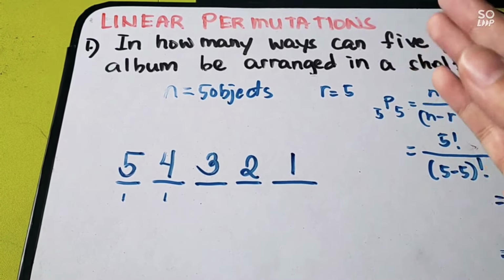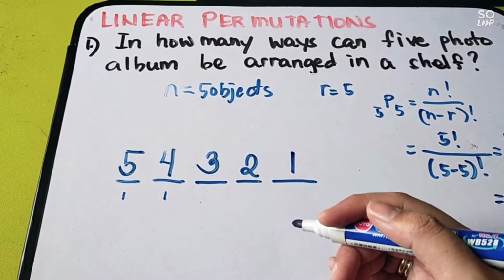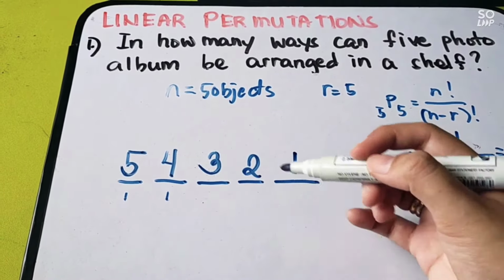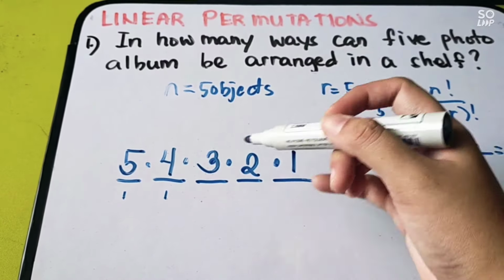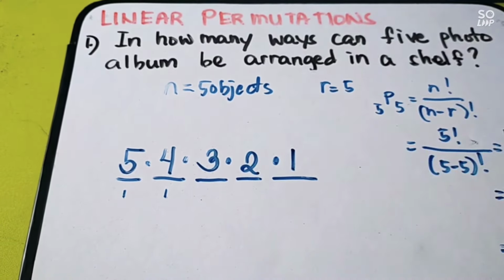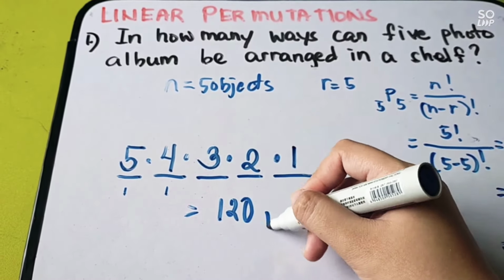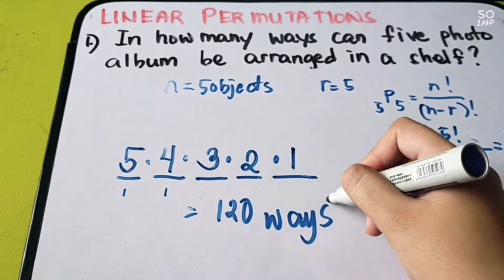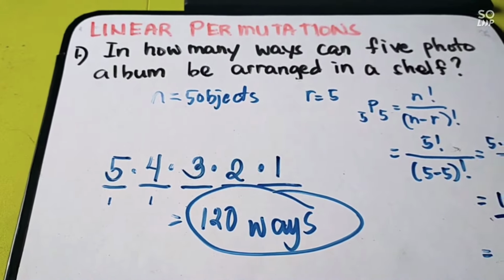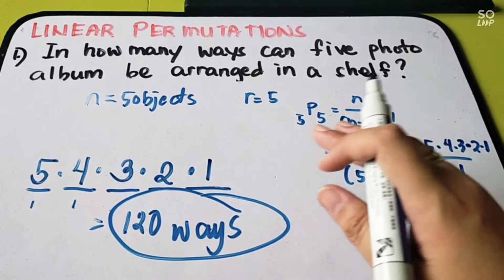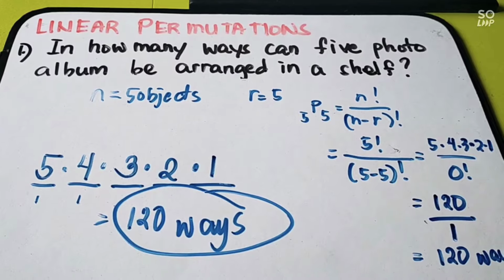Once na pinaglagay mo na siya dun sa shelf, we have 5, 4, 3, 2, 1. Just multiply mo lang yan. So, 5 times 4 times 3 times 2 times 1. The answer here is 120 ways. Yan. Is it clear? So, gamit ka ng formula or just the fundamental principles of counting.